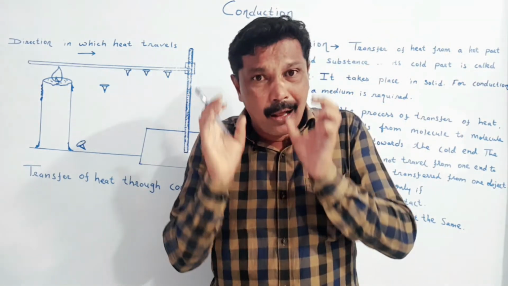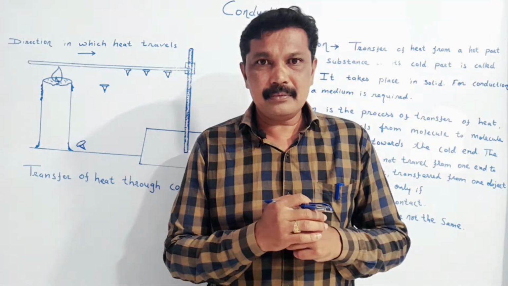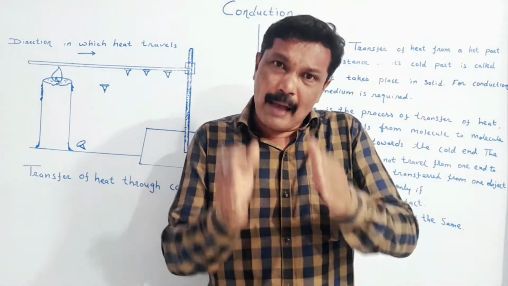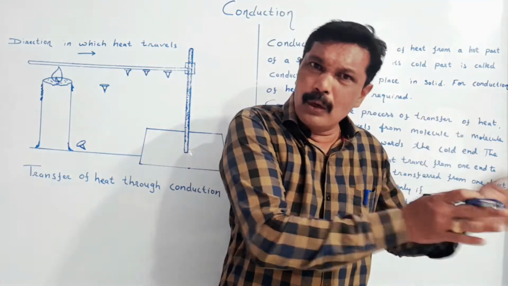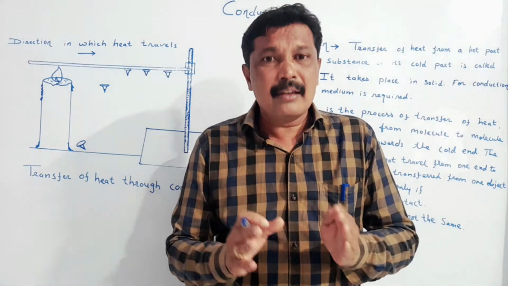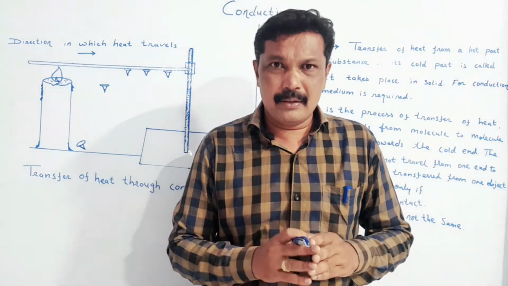And all the molecules kept vibrating on their places. In this way, the vibration went from the hot end to the cold end. Here we can say that there is flow of heat.